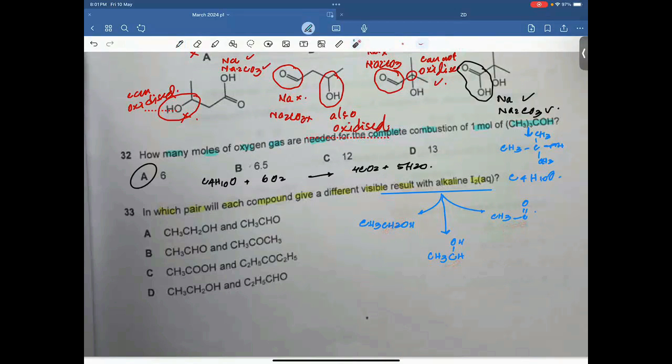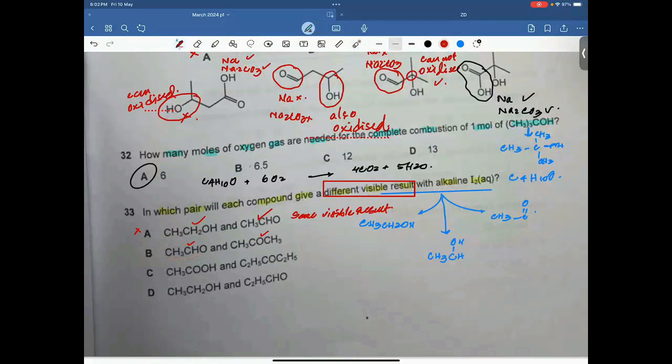Now, the examiner is looking for a different visible result. This will give you a positive test, and this will give you a positive test, so the same visible result, not different. That means option A is incorrect. This will give you a positive test because it has a CH3CO group.